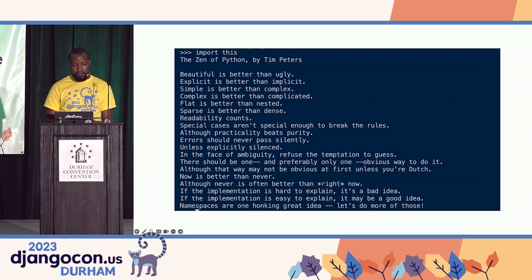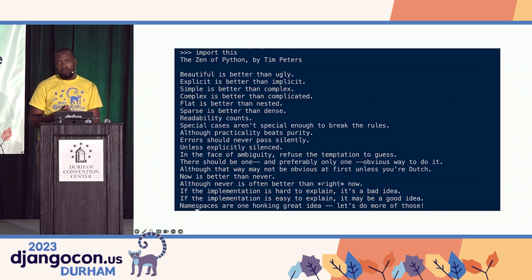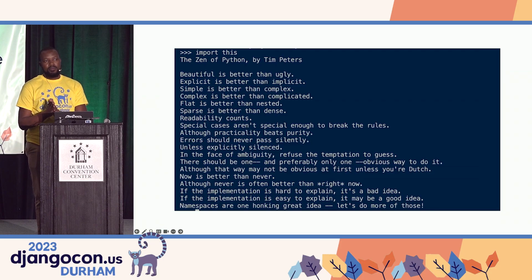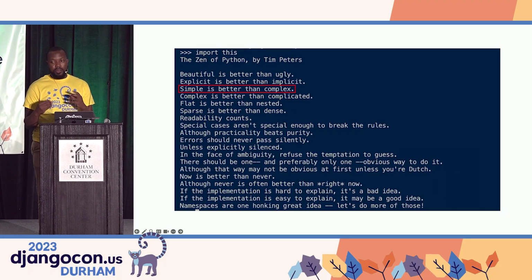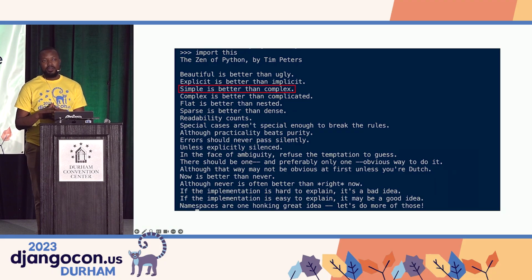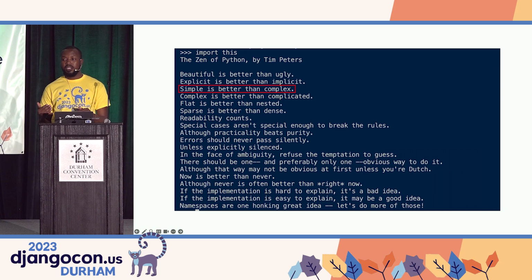In Django, it really tries to stick to the Zen of Python. And one of the things that I like about the Zen of Python is that simple is better than complex, right? When you write code, you're not writing code just for the machine, you're also writing code for other people.